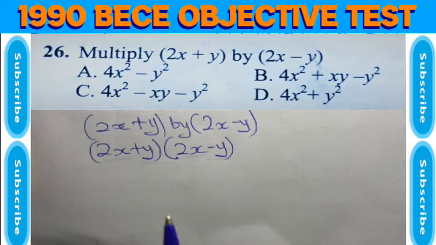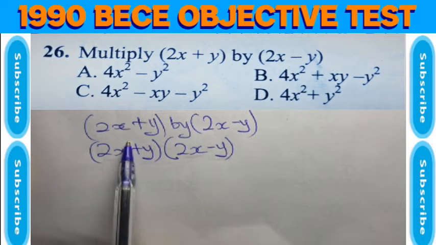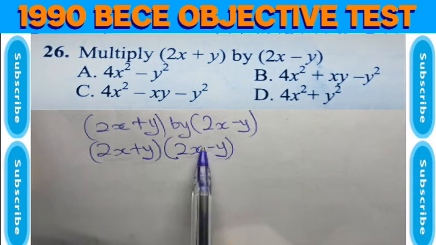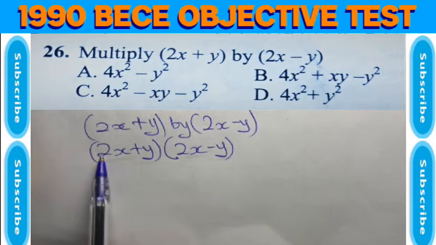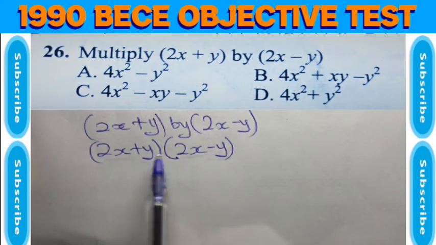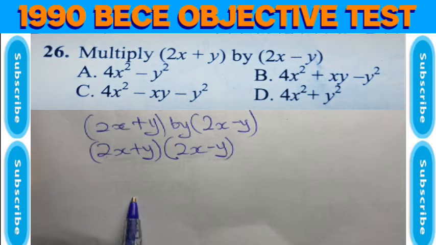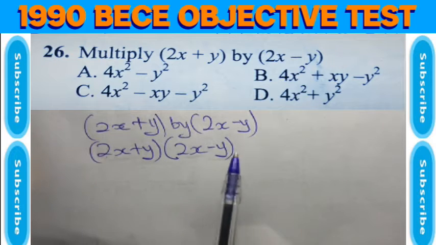If here is an addition sign and here is a subtraction sign, and all the expressions are the same and only the operations change, then we only take the first expression, 2x, we square it, minus the second expression, then we square it. That's what difference of two squares means.